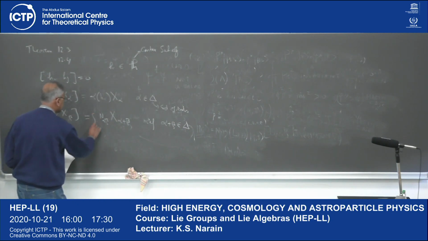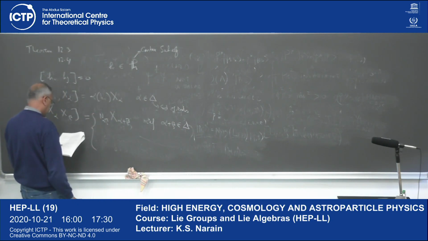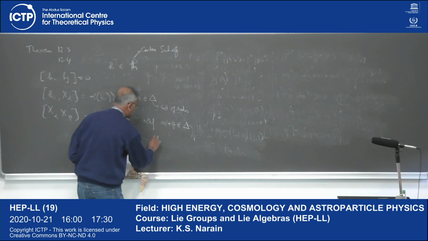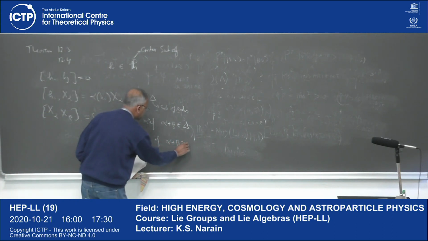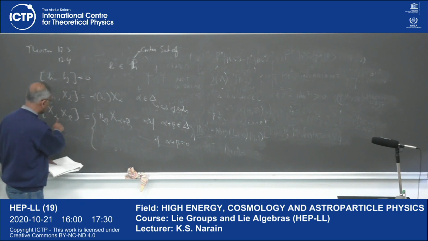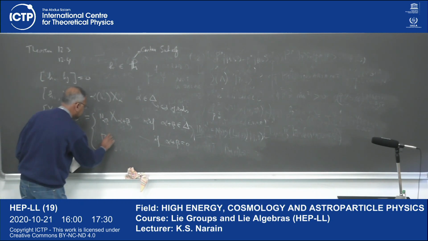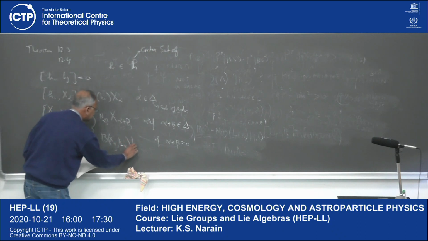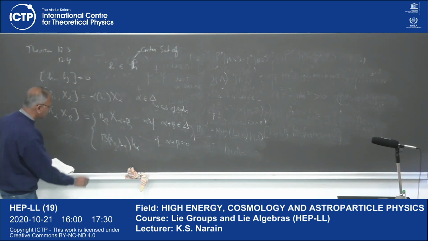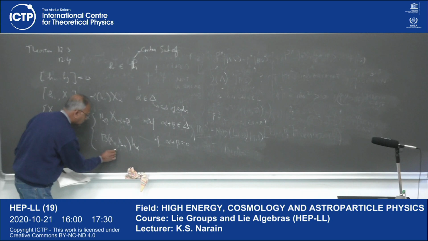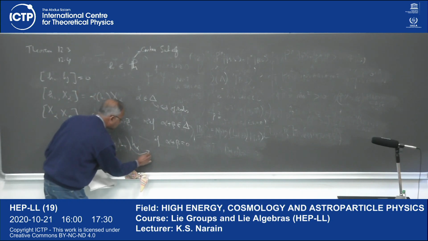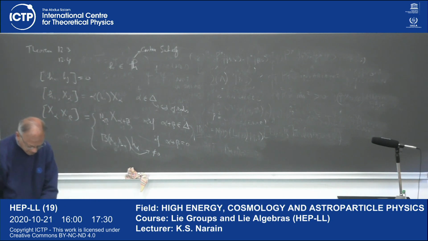So there are several possibilities here. Or if alpha plus beta equal to 0, which means beta is equal to minus alpha, so [X_alpha, X_{-alpha}], in that case we saw that it was B(X_alpha, X_{-alpha}) times H_alpha. And we also know that this quantity is not 0. This was, I think, one of the theorems.